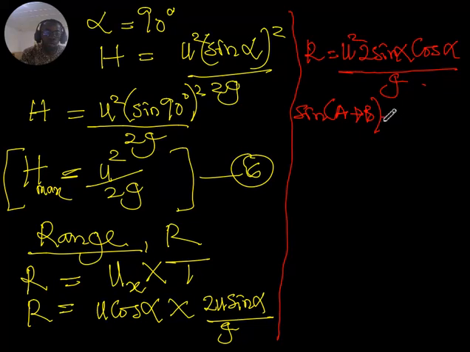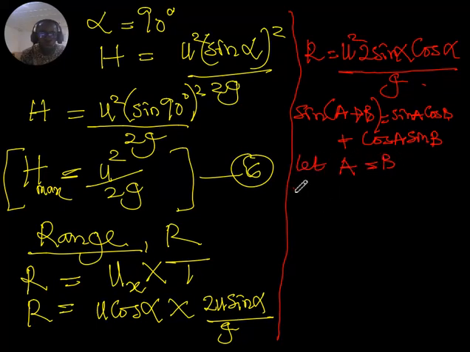Sine a plus b will give us sine a cos b plus cos a sine b. So let a be equal to b. That is, anywhere I see b, I can put a.